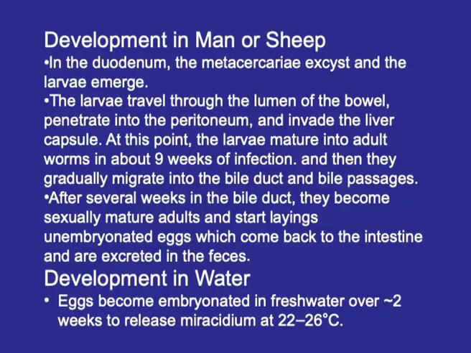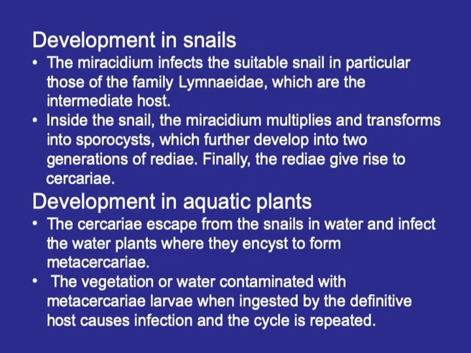Once these eggs are laid, they enter the water, where it takes at least 2 weeks at a temperature of 22 to 26 degrees centigrade for them to form miracidium, which is the immature form of larva. And this miracidium then enters the intermediate host, that is the snail.